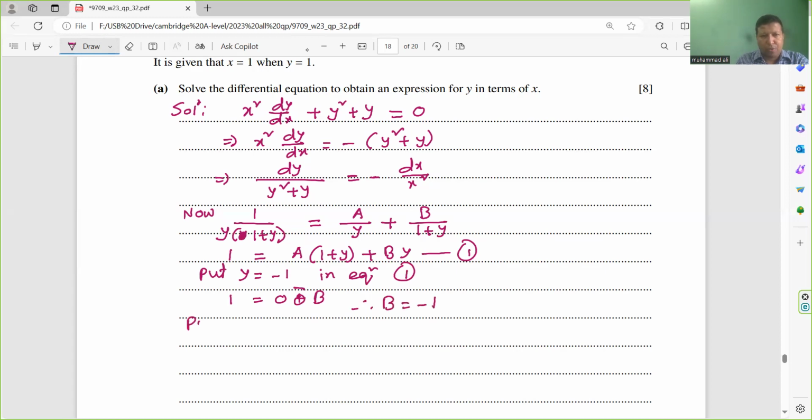Now again put y equals to 0 in equation 1. We get a equals to 1. So 1 by y into (1 plus y) equals to 1 by y minus 1 by (1 plus y).